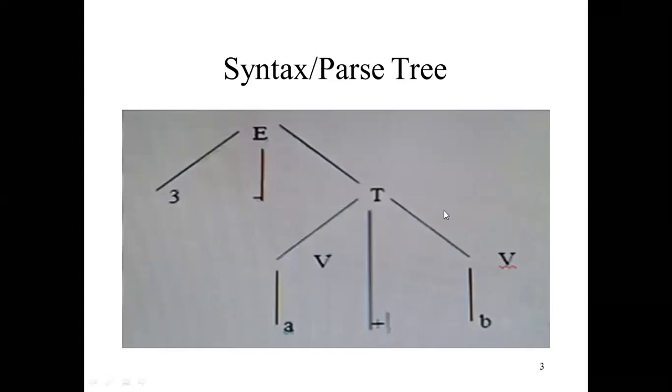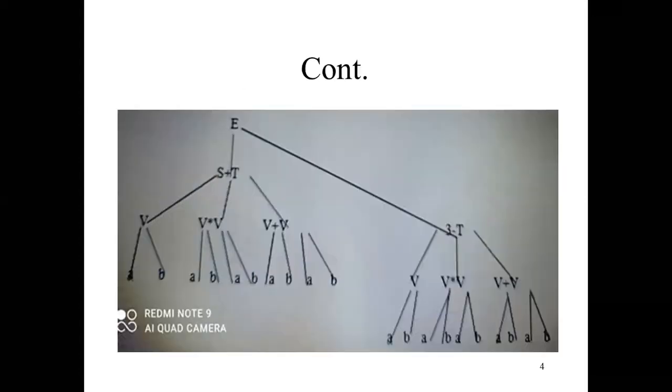This is the syntax tree for the input string, and then how will we achieve this input string? Okay, 3 minus a plus b. Now we have already seen that first I draw the syntax tree for the input string, and then this is the syntax tree for the given grammar.